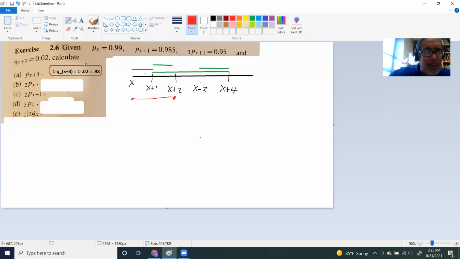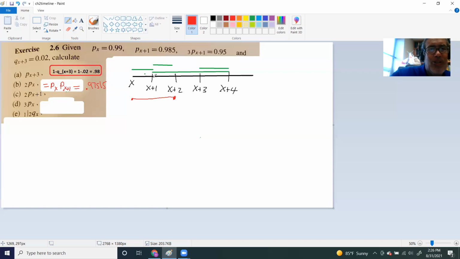So what we can say here is that we go to this part. This is certainly going to be px times px plus 1. And then we can figure out what that is. So it's 0.99 times 0.985, 0.97515. And so now we have this to use in our calculus.